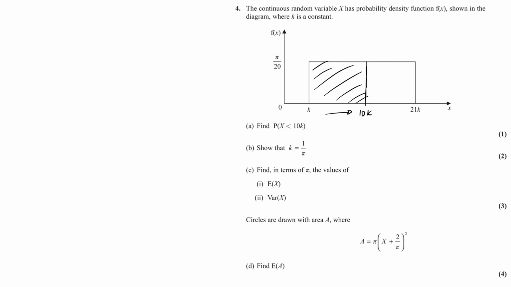So that distance here is 9k, between k and 10k, taking them away. And then obviously the height here is pi over 20. So part A, nice and easy. The probability that x is less than 10k is equal to 9k times pi over 20. It's just the area of that rectangle there. So 9 pi k over 20.